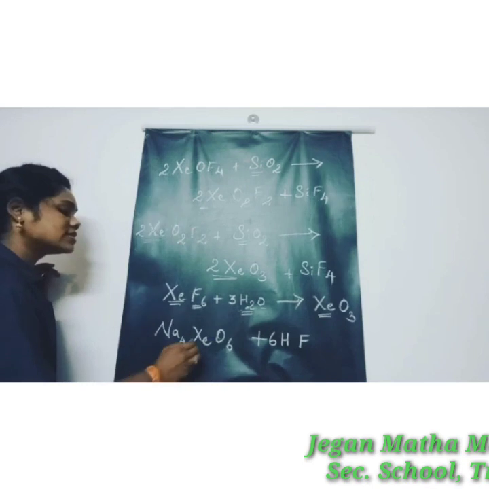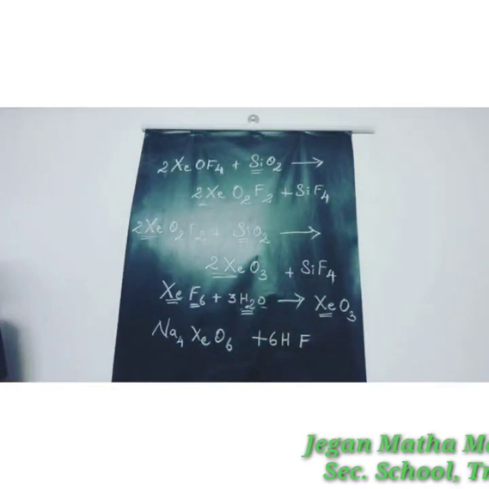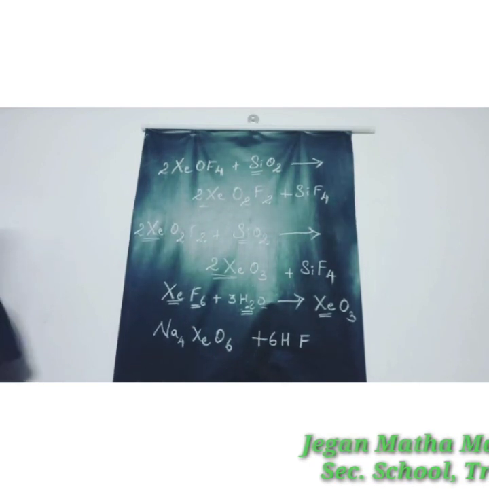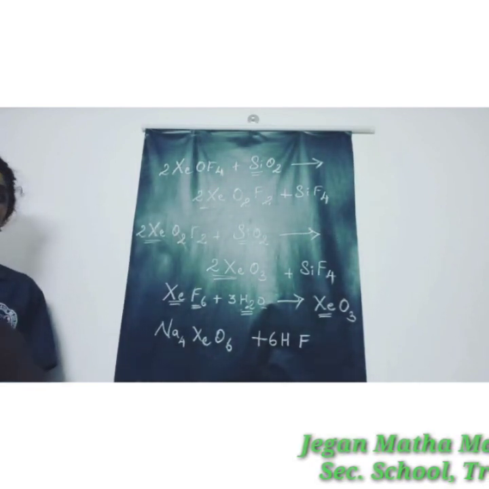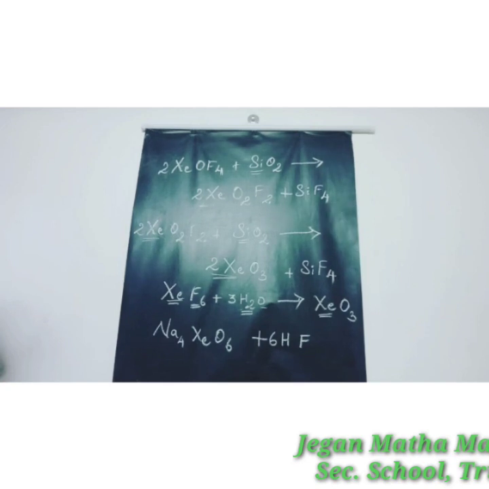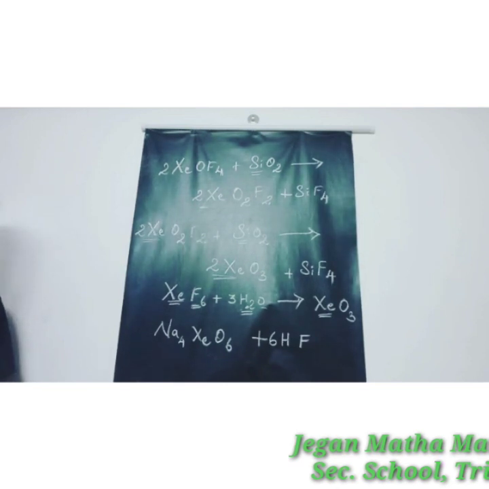So this is sodium perxenate. So here first one, xenon hexafluoride is reacted with sodium hydroxide. Here sodium hydroxide is taken in more times, that is 16 times. It gives sodium perxenate and xenon plus oxygen and sodium fluoride, and water molecule is formed.